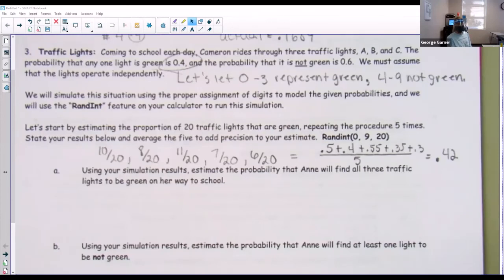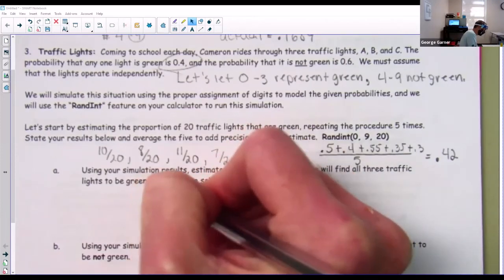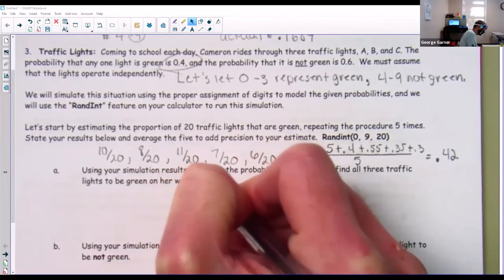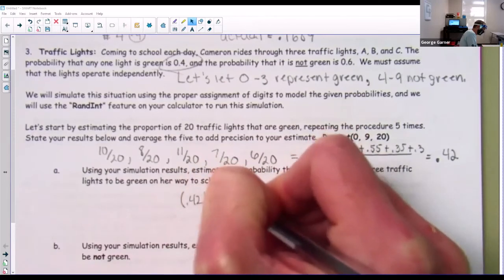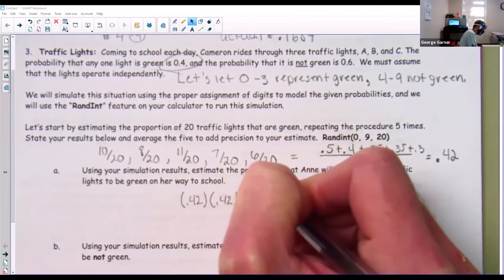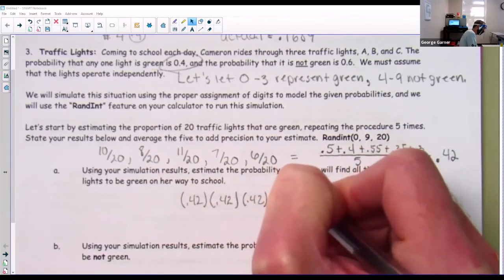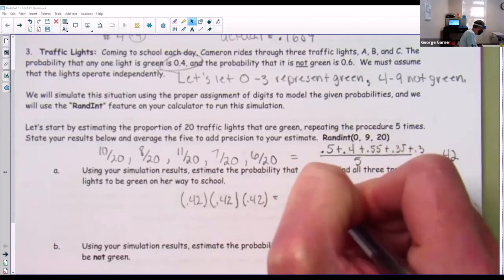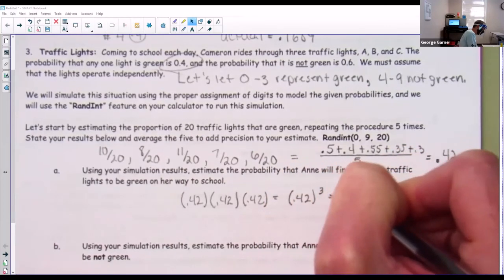All right, so it'll be green and green and green. In probability, and means to multiply. So 0.42 times 0.42 times 0.42, or 0.42 cubed, is going to be 0.0741.